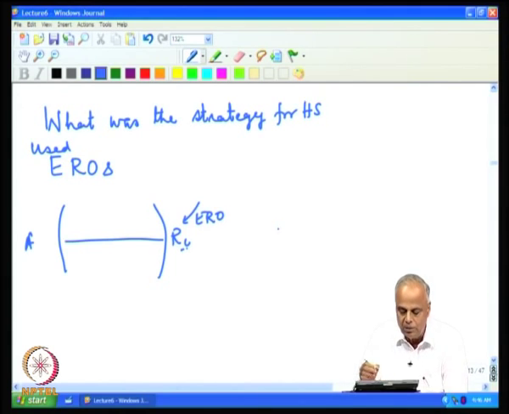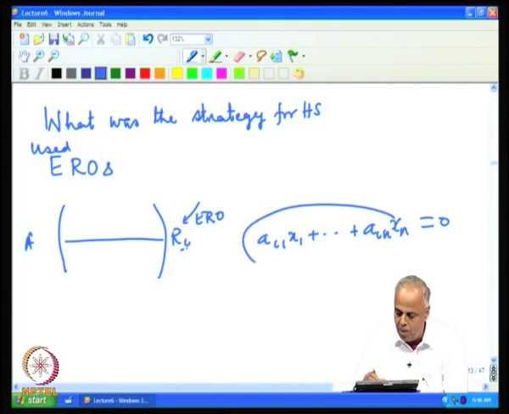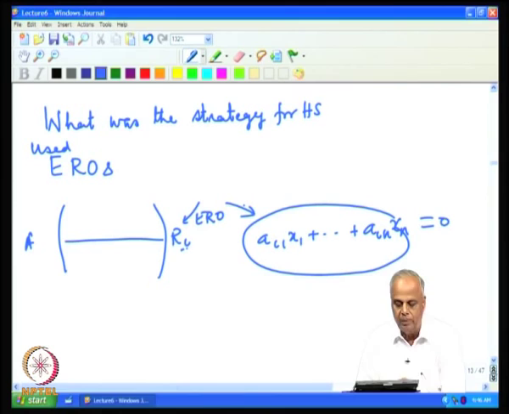In terms of the system of equations, we are looking at the ith equation equal to 0, and we are doing the same operation on the left hand side.